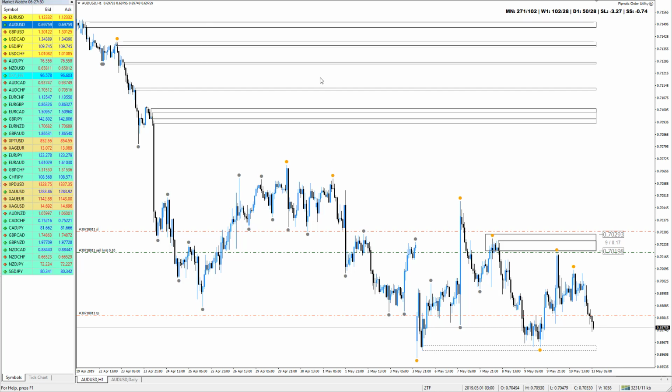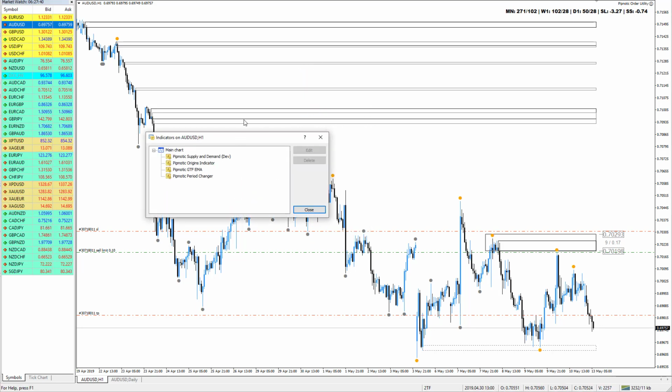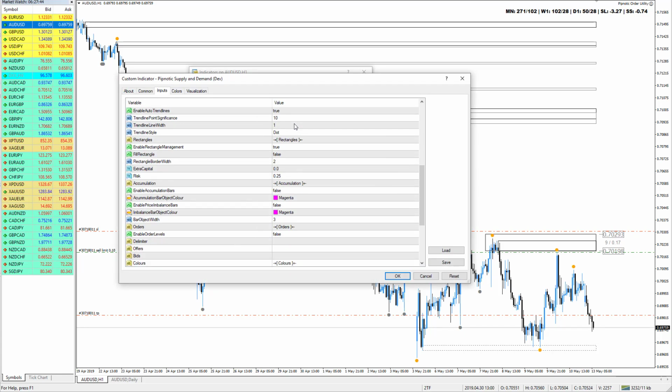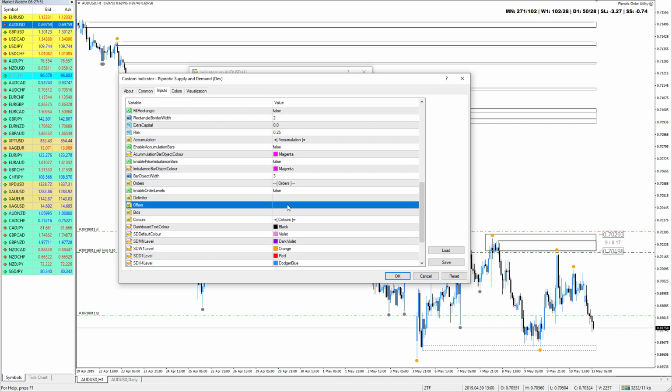But if you're interested in using premium services, you can get order block information. You can actually paste these into the Pipnotic software, and I'll just show you how to do that very quickly. So if you open the Pipnotic Supply and Demand software, you scroll down, you'll notice that there's a section called Orders. And here you can simply paste in the order information that you are getting from these premium services.